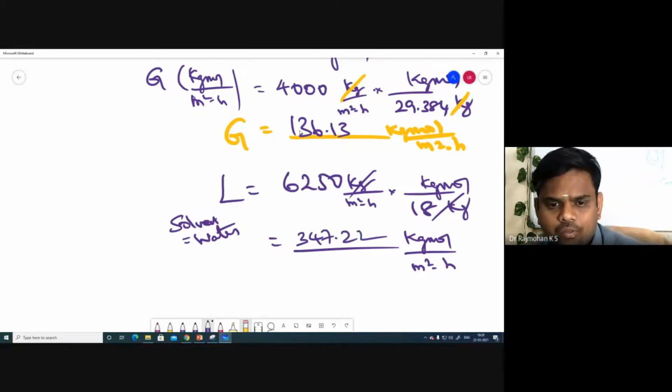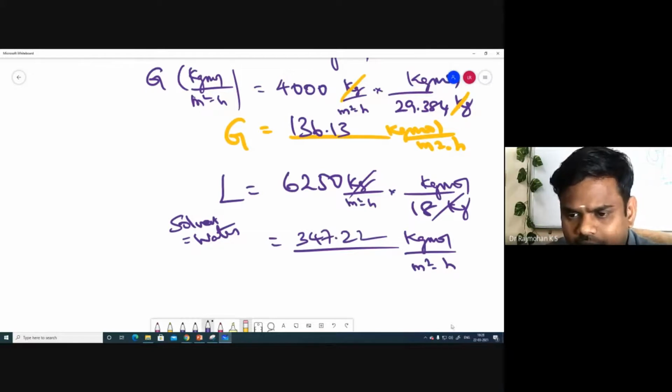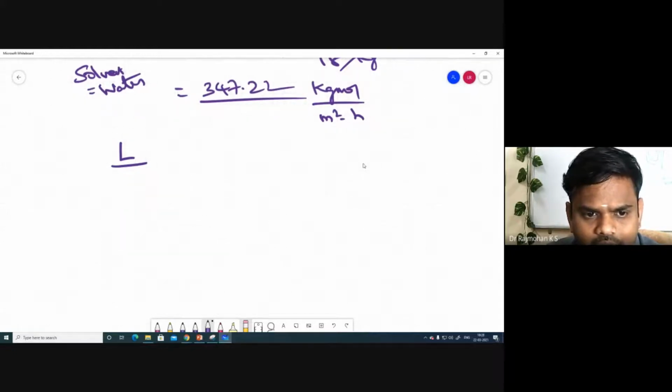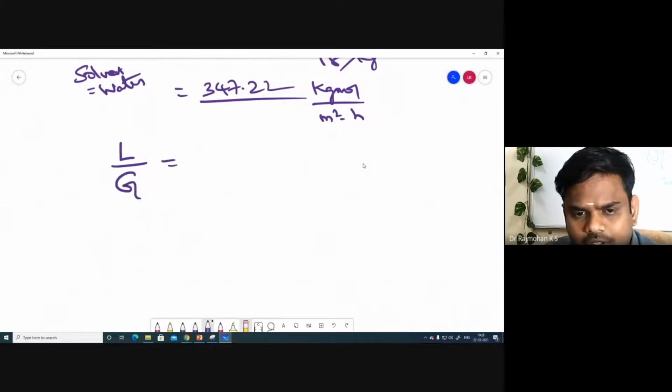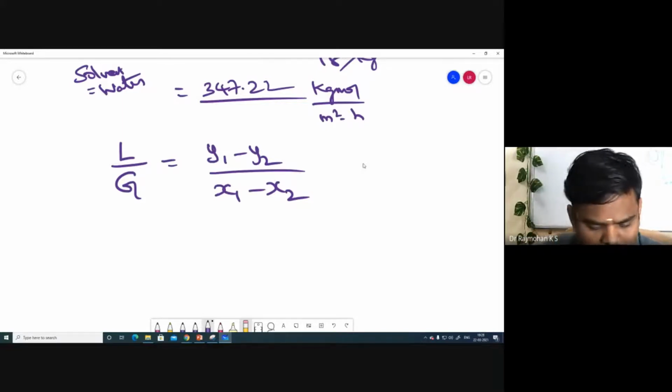So we have both the G value and the L value, and we know the material balance. The material balance is L by G equal to y1 minus y2 by x1 minus x2. From this we can get the x1 value.